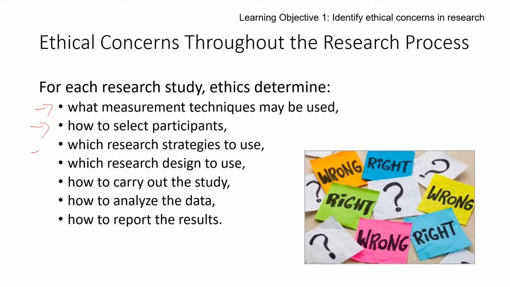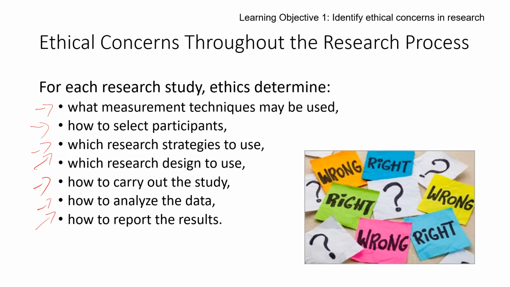What research strategies you use, what research design you use, both of these, and how to carry out the study. All of these things have potential things that are unethical in the process that need to be examined, to make sure that proper ethics are being followed. And then how to analyze and report.